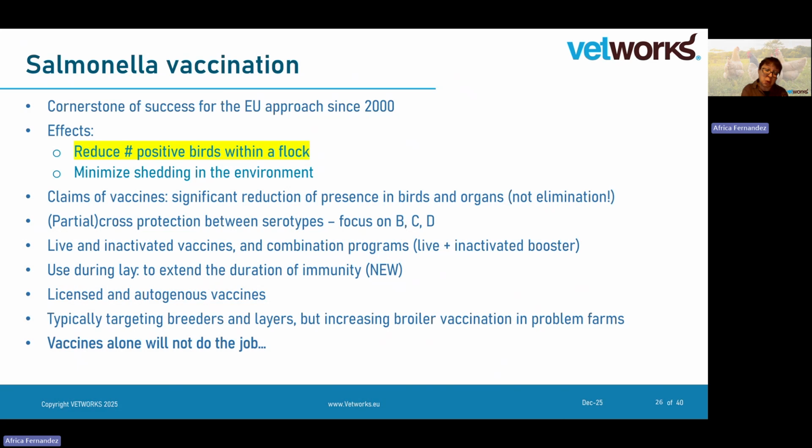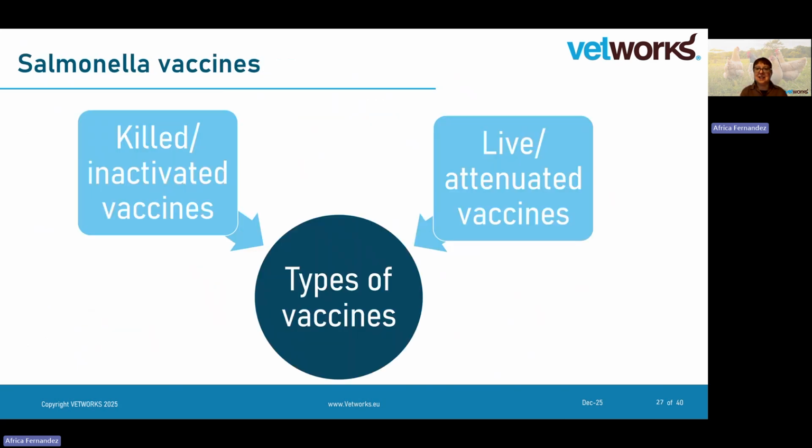We have available both licensed and autogenous vaccines, and typically vaccines are very much used in breeders, also in layers, but even in broilers that live for a bit longer in some regions, vaccines are also an option. But there is no one answer for Salmonella. We have to use several tools, as I have highlighted there.